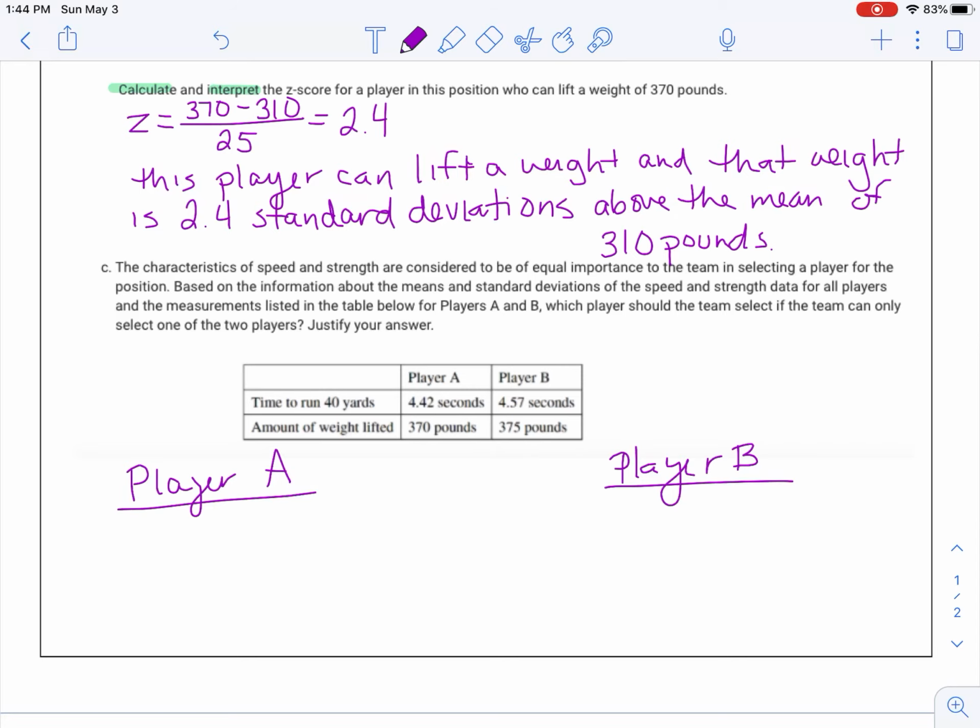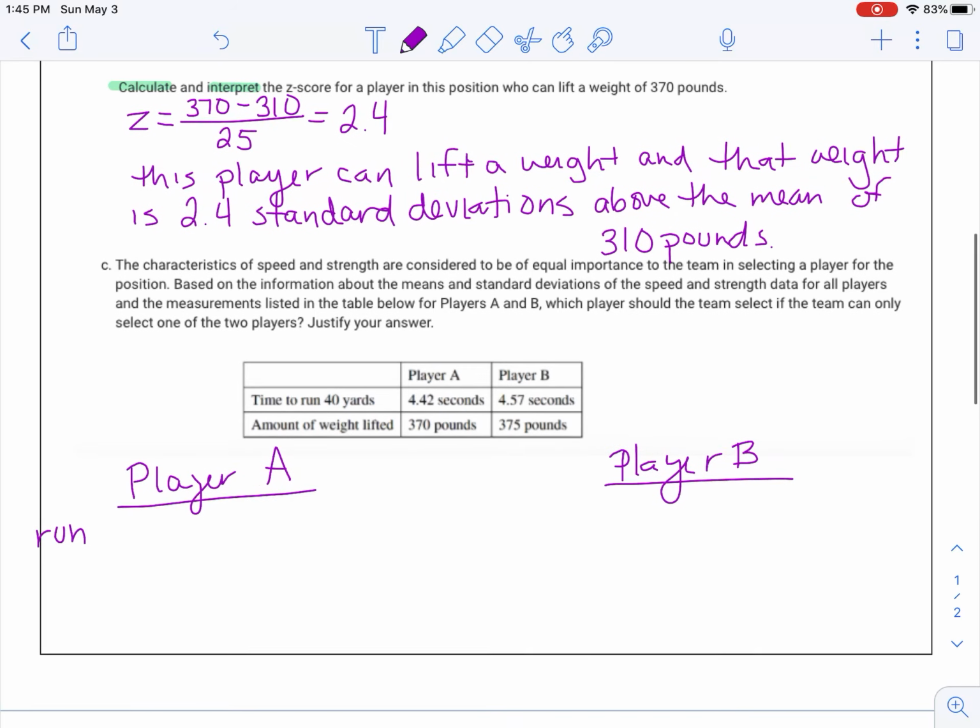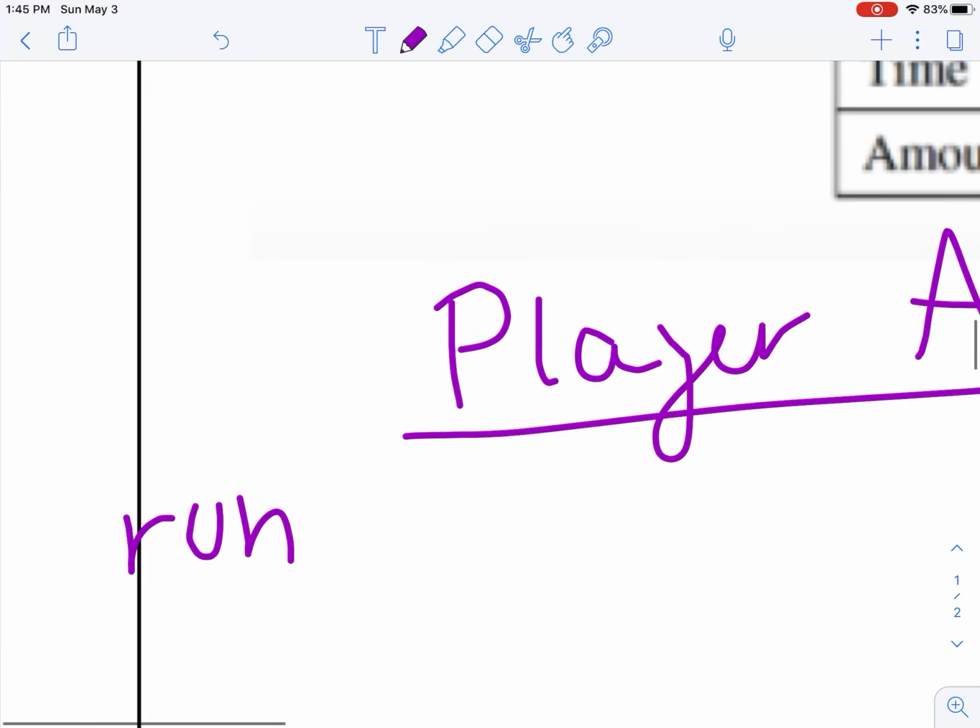Like I said, there's not a whole lot of topics on this question, but z-scores are definitely important, which is why I did it. So if I look at the running time, remember, a smaller time for running is better. So a negative z-score would be better for running. Maybe I should make a note.